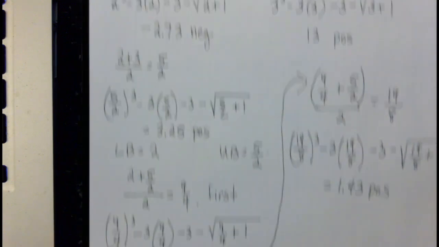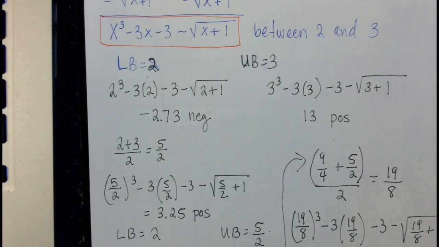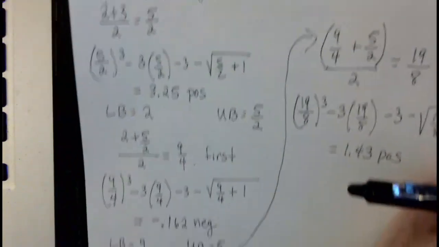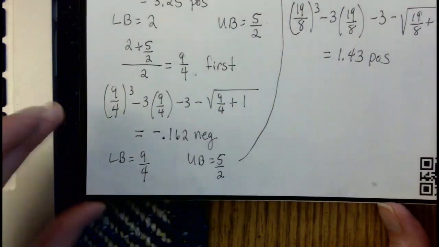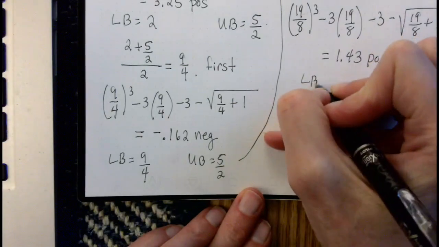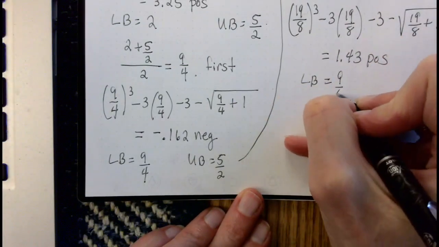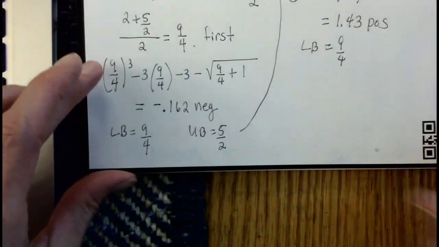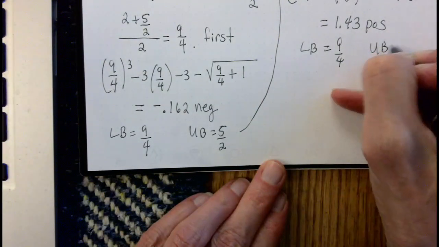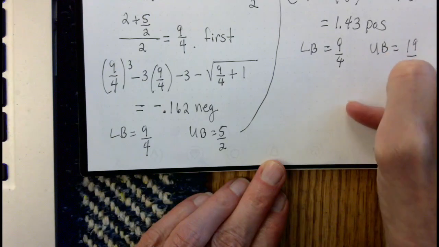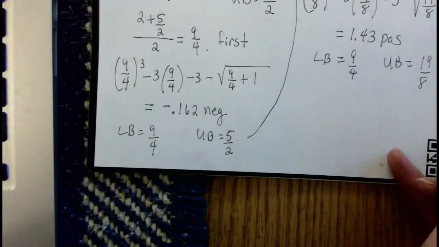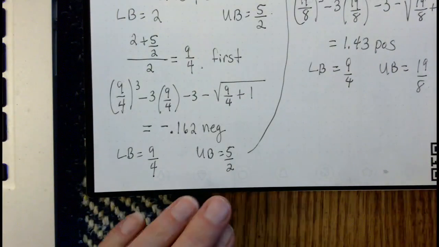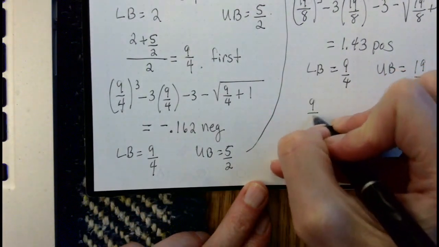And again, our lower bound is linked to negative, our upper bound is linked to positive, so our upper bound is going to change. The lower bound is going to remain 9/4, and our upper bound is going to become now 19/8.